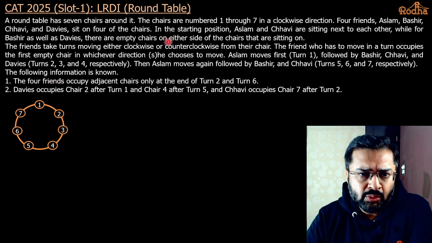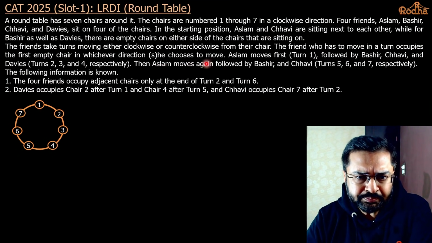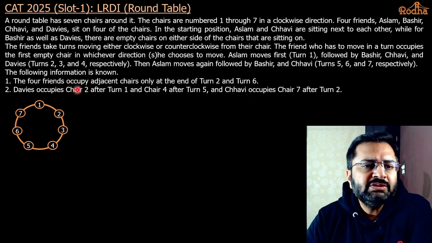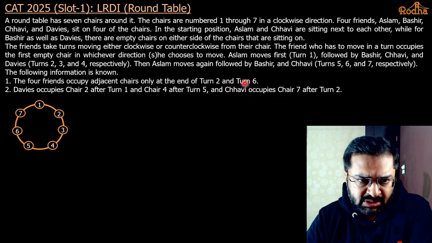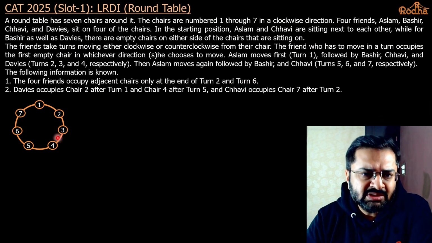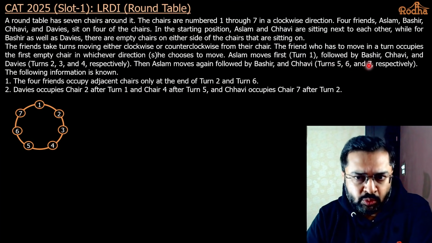Now, if you look at this, there's not too much data and we can just simply start filling in. Let's look at the statements. The 4 friends occupy adjacent chairs only at the end of turn 2 and turn 6. So let's assume that this is the starting position, the initial position, and then there'll be 7 moves like that.